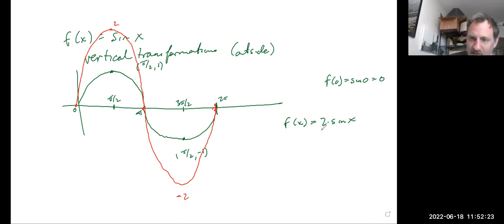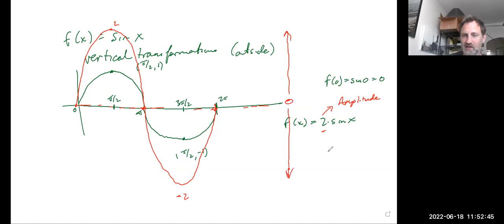So that's having a multiplier outside. This number is called the amplitude. The amplitude is the distance from the midline, which we're going to talk about next. In the case of sine x, the midline is at 0, to the peak or the valley.